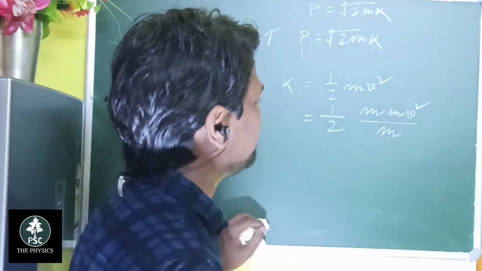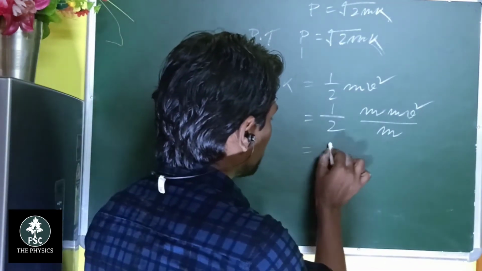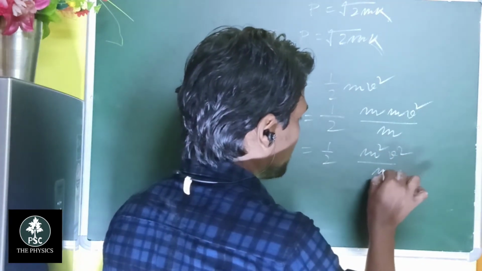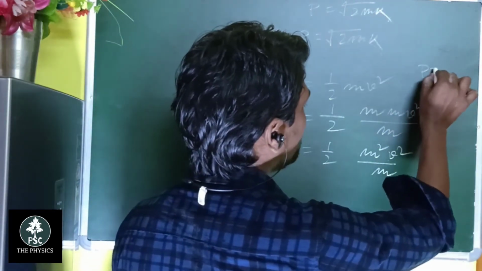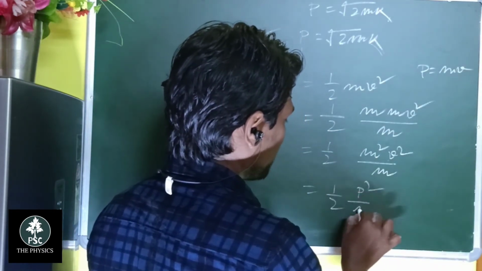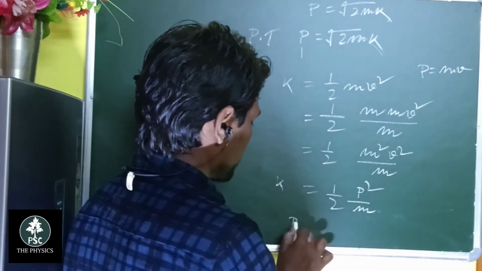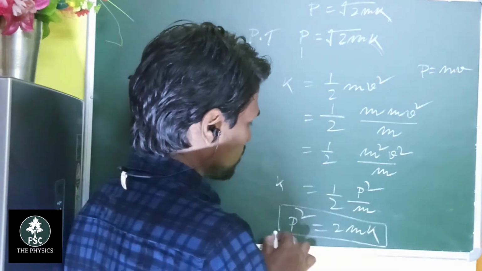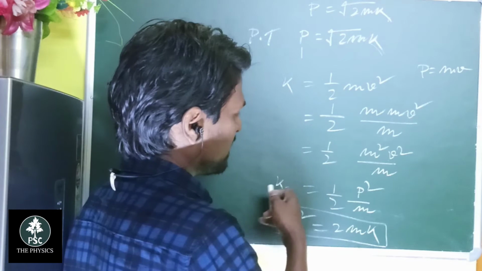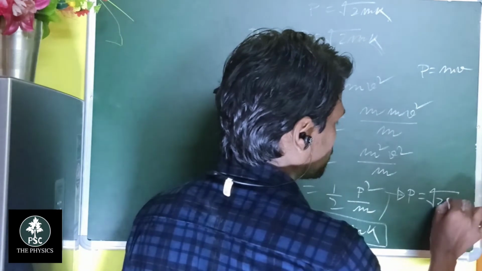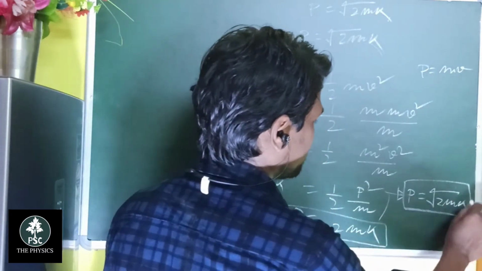So kinetic energy equal to half m square v square by m, or mv means momentum, so p equal to mv, so this is p square by m here and this is K. So p square equal to 2mK, cross multiply. और you can write as p equal to root over of 2mK, and the relation is proved.